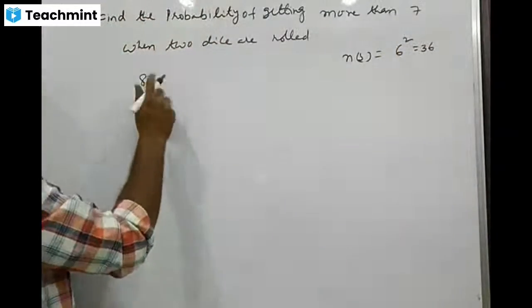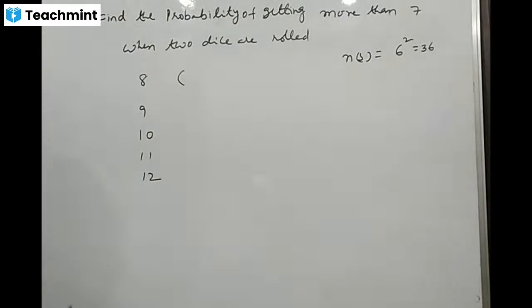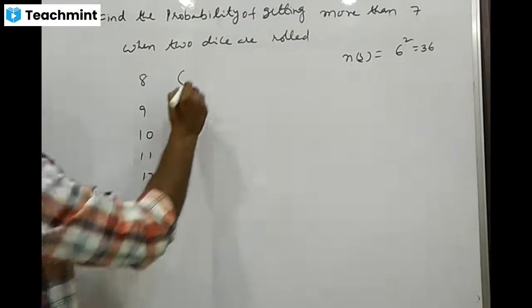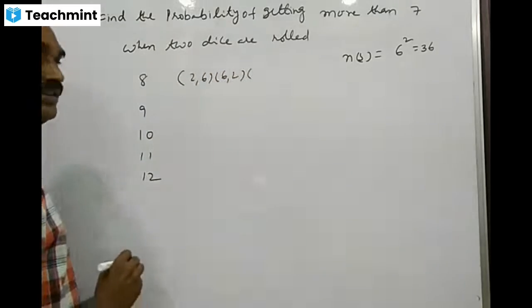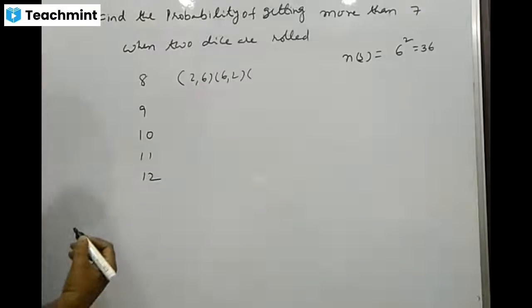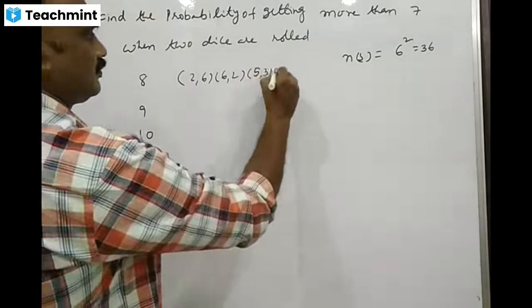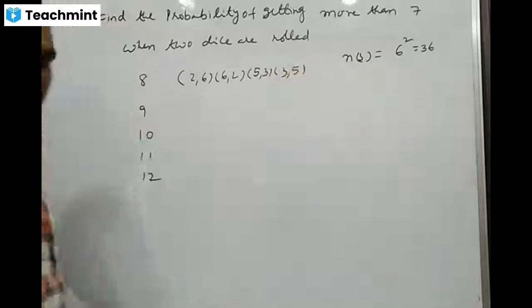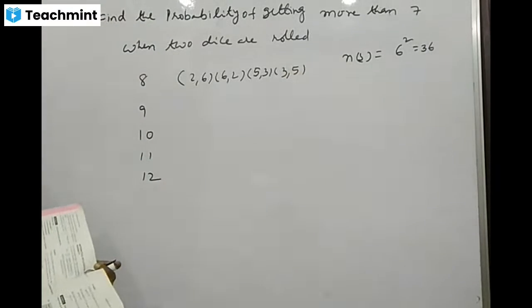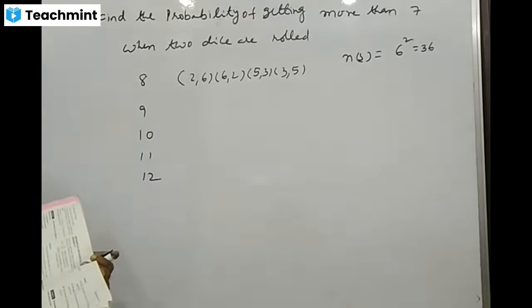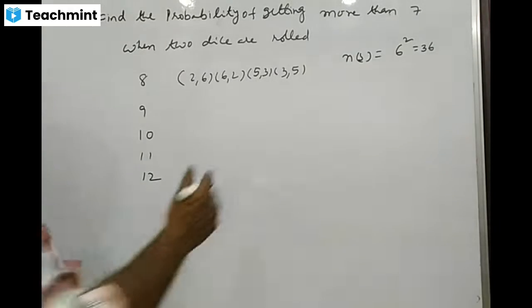Friends, sum is 8. What are the possible outcomes? 2 and 6, 6 and 2, 5 and 3, 3 and 5, and 4 and 4.